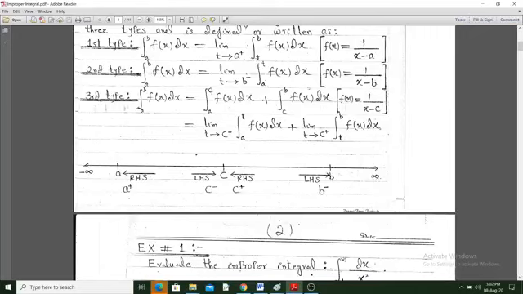So we write limit t tends to c negative, a to t f of x dx, and because the function f of x is infinity on the lower limit in the other part, we write limit t tends to c positive, t to b f of x dx.